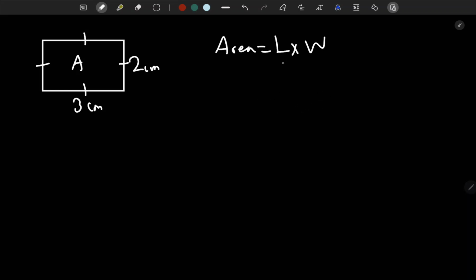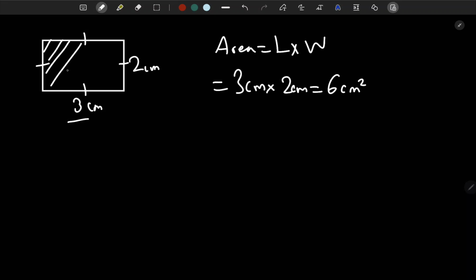So we have 3 as the length, and as the width we have 2 centimeters. So the area would be equal to 3 centimeters multiplied by 2 centimeters, which will give us 6 centimeters squared, and that is the area of the rectangle, which is the space inside the rectangle.